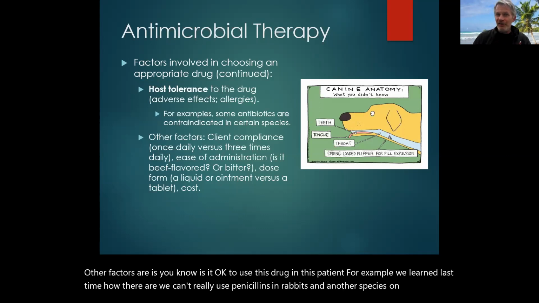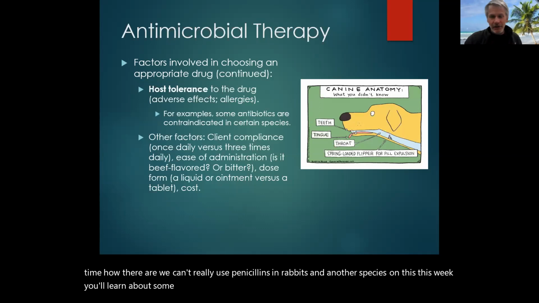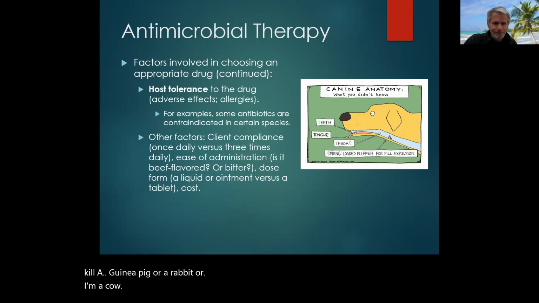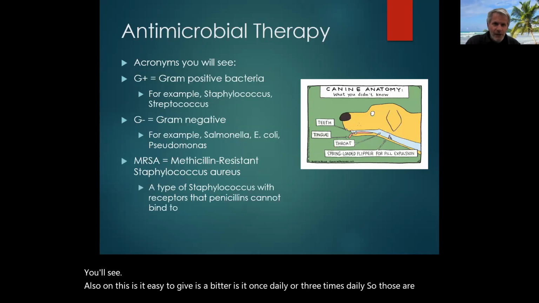This week you'll learn about some other antibiotics, one in particular called clindamycin that could kill a guinea pig or a rabbit or a cow. So you'll see. Also, is it easy to give? Is it bitter? Is it once daily or 3 times daily? So those are all other factors we consider.